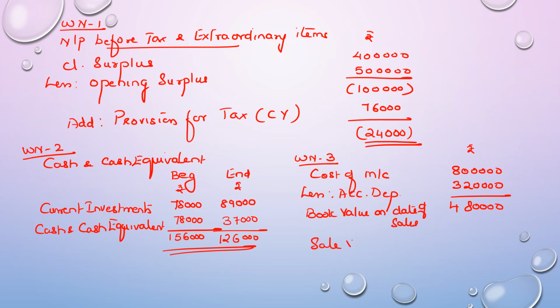We'll compare this with the sale value. They said it was sold for 6,40,000. So obviously we have sold it for more. The difference is how much? 20, 40, 60, 1,60,000. So there was a gain on sale of machine which has to be incorporated.